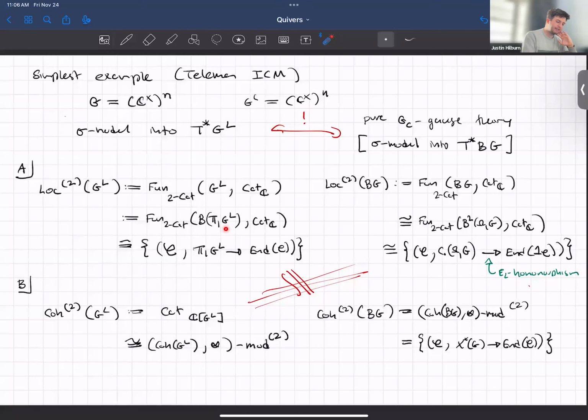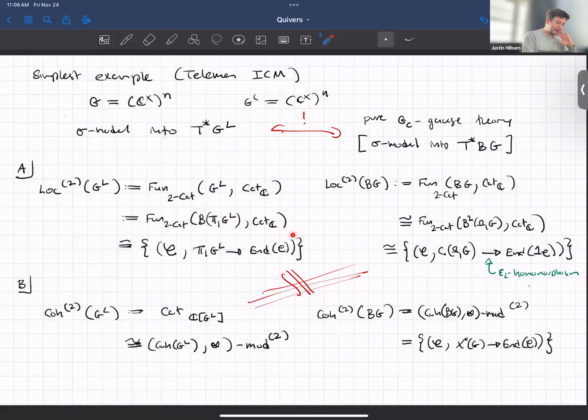And since this is a K(pi,1) space, it's really just the classifying space of its fundamental group. So you can think of this as a functor from the category with a single object, and then one automorphism for each element of the fundamental group, into the 2-category of categories.